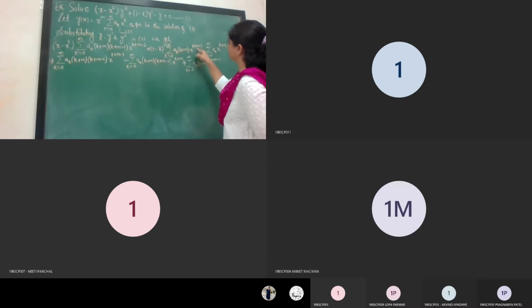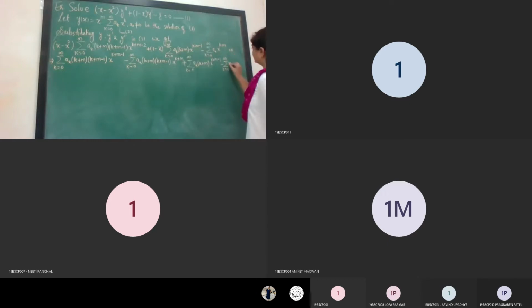Now x will multiply with this one, so we'll have power k plus n with minus sign, so minus of the infinite series ak k plus n x raised to k plus n, and this term minus summation k is equal to 0 to infinity ak x raised to k plus n is equal to 0.